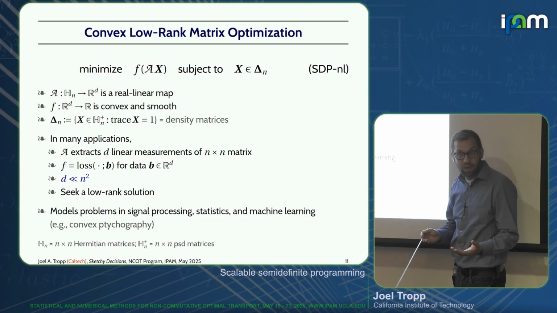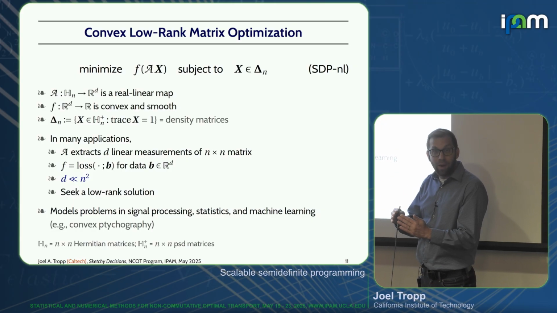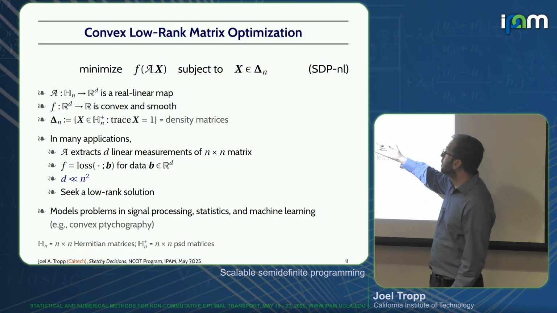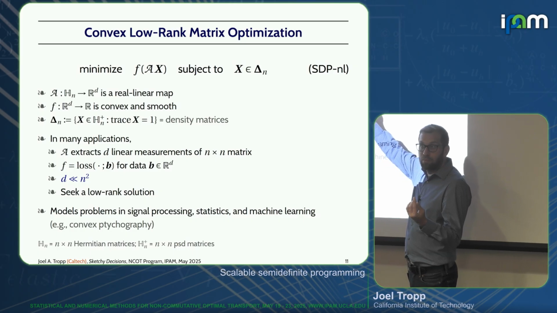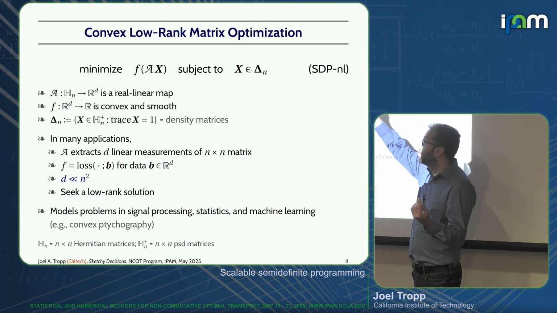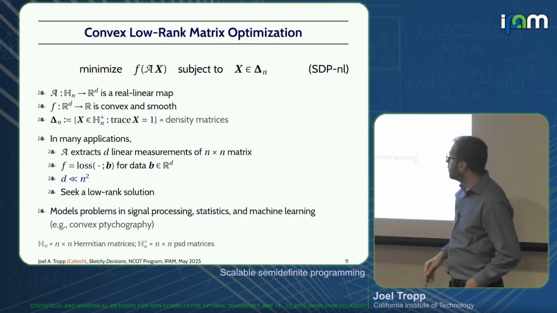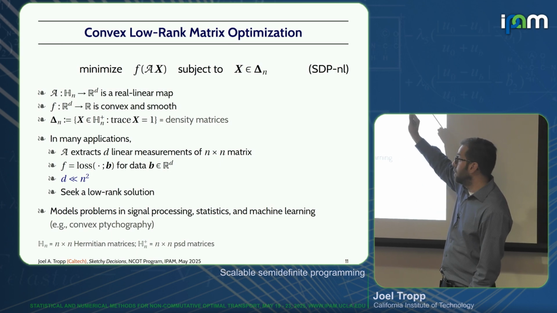That's what happened in the Fourier ptychography example. A is simulating the action of the microscope, which is linear. F is a loss function. In many cases, it's comparing the nominal measurements for some decision variable X with some observed data. And in many cases, the number of measurements is way smaller than the number of degrees of freedom in this matrix.